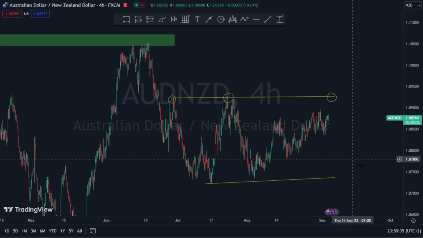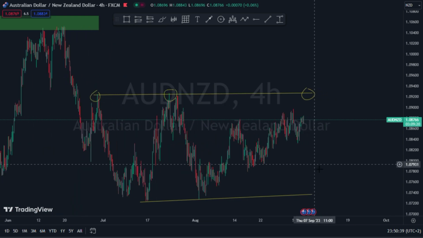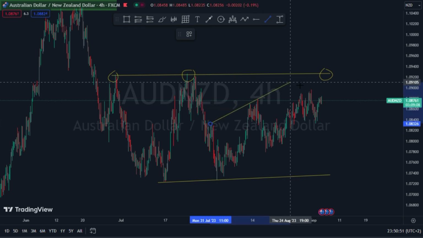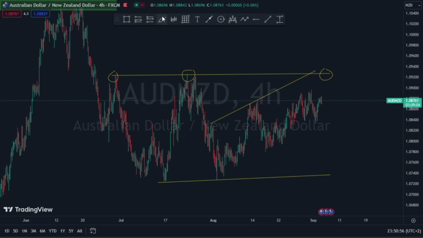And let's look at how the market is going to approach that area. I can already see that the market is approaching that area in a form of an inside pattern, which is an ascending pattern also. We have that 1 2 3 formation right there that is being created. We have that first touch right there, second touch right there. Now we expect that third touch right there, right?